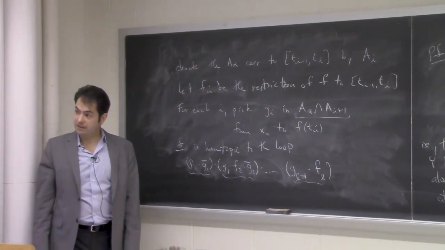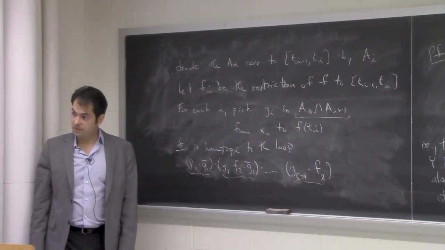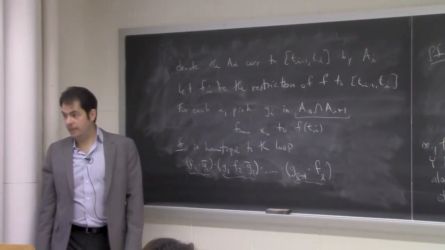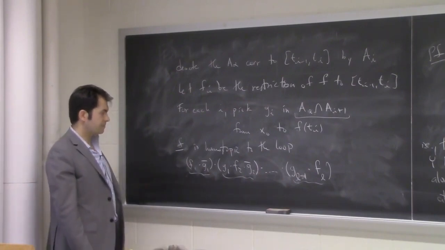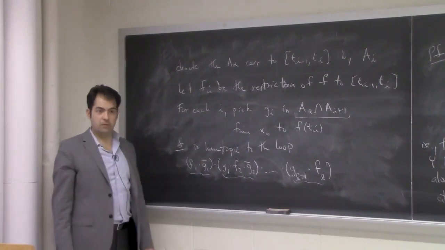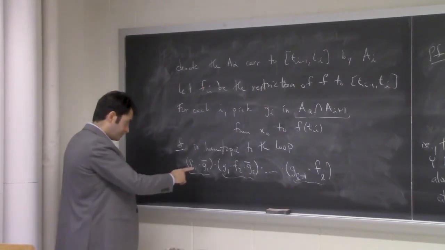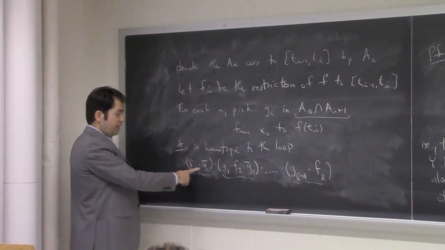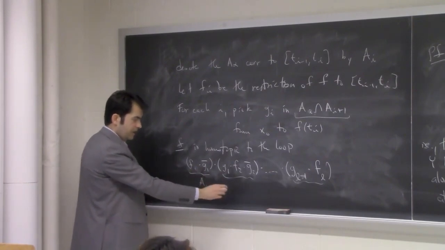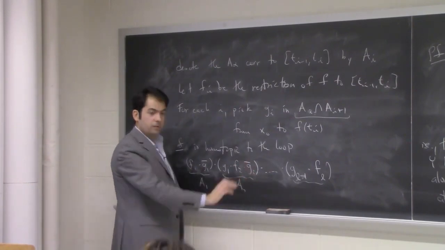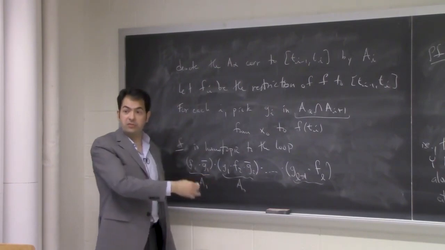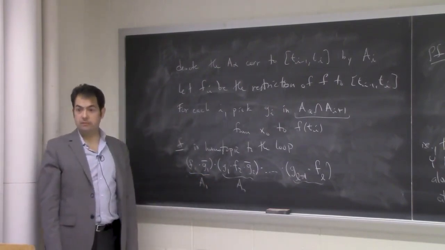And presumably because we're working with paths here, when we say homotopic, we actually mean path homotopic? That's right. Yes, thank you. So yeah, it's path homotopic to this loop. But also, note that this guy stays inside A1, this guy stays inside A2, and so on. Each of these loops stays inside a single A alpha.